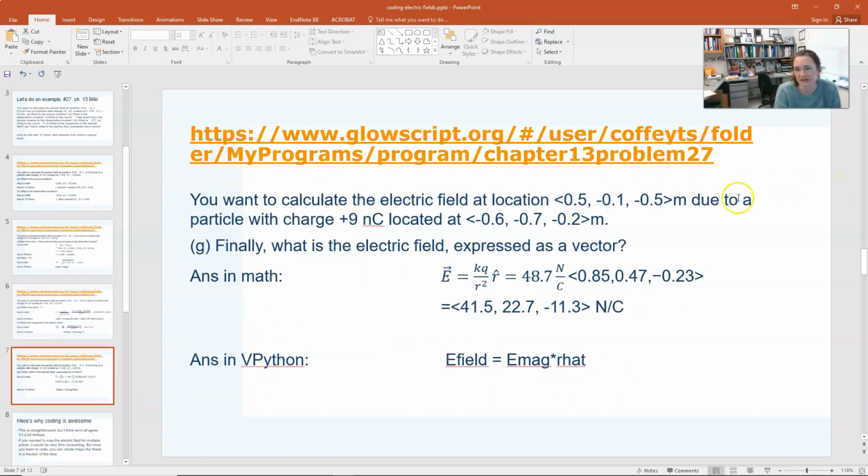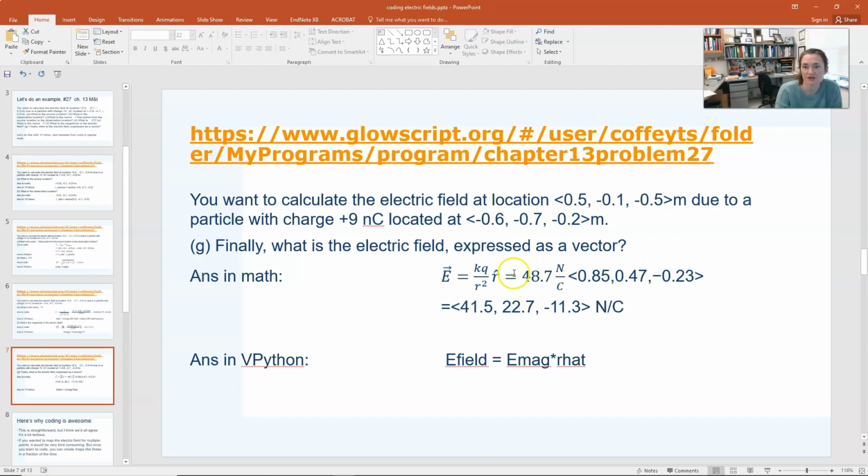Now, you want to calculate the electric field at a specific location. We've calculated the magnitude, but we want to express it as a vector, okay? So what you do to find that electric field is you take the magnitude of the field, which we calculated in the previous step, and multiply it times the unit vector, which we also calculated earlier.